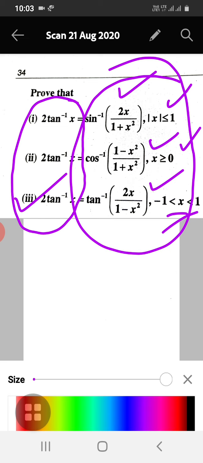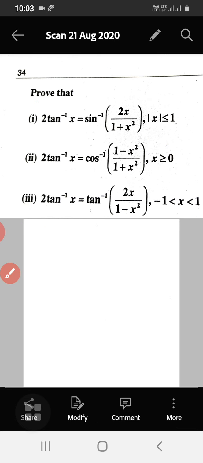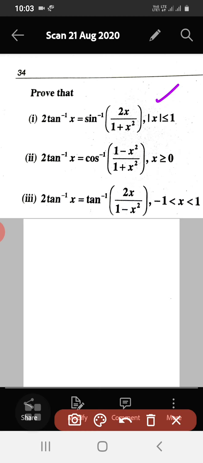In this class I will prove these three results, which are based on first PUC formulas. So let us consider the first one here. What is the first result? 2 tan inverse x is equal to sin inverse of 2x divided by 1 plus x square, and the condition is mod x is less than or equal to 1.